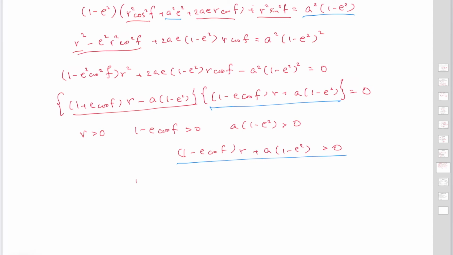So it becomes (1 plus e cosine f) r equals a(1 minus e squared). So r is expressed as a(1 minus e squared) over 1 plus e cosine f. Okay, this is the answer to practice 2.